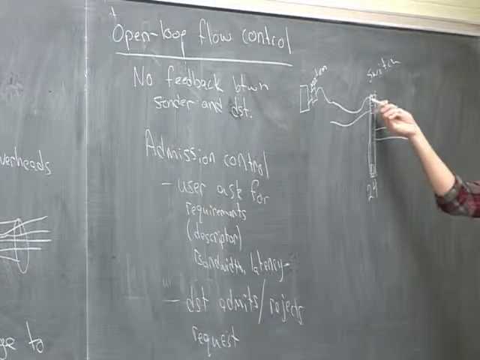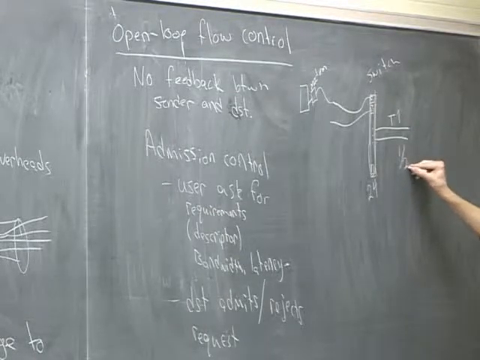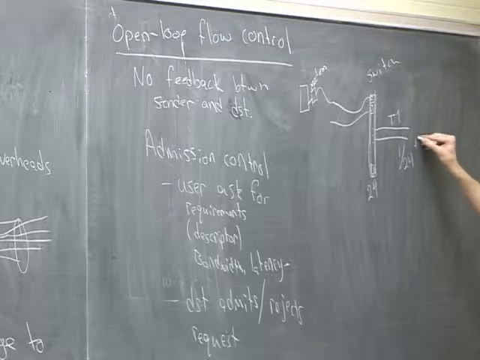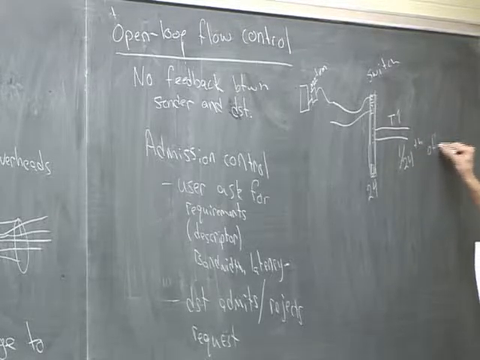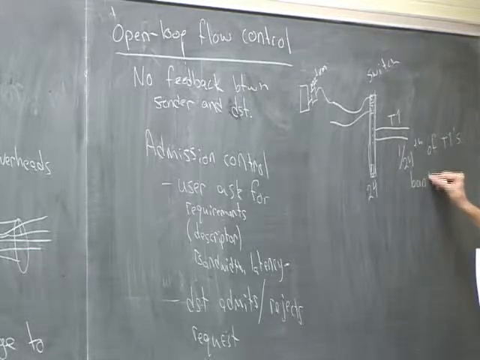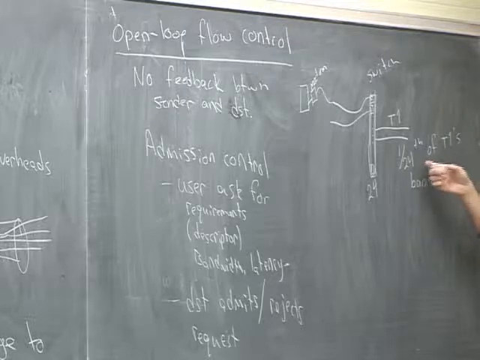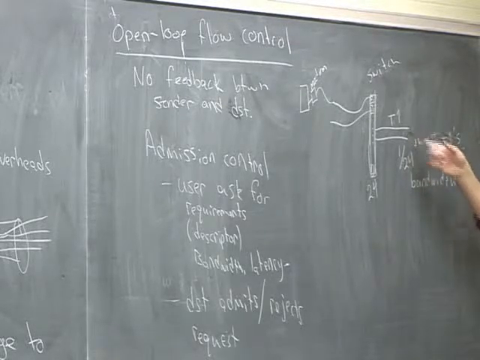And then you are guaranteed 1 out of 24th of the T1's bandwidth. So for however long you want to use the internet, you're guaranteed a 24th of this bandwidth, all right?